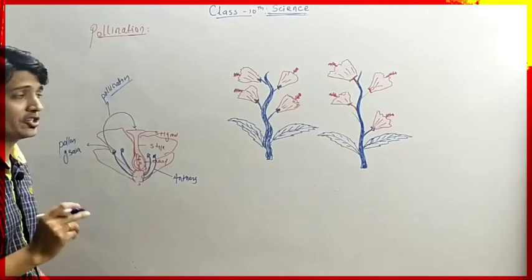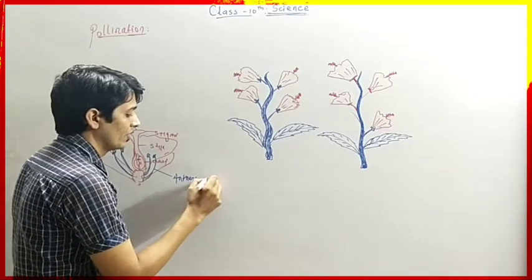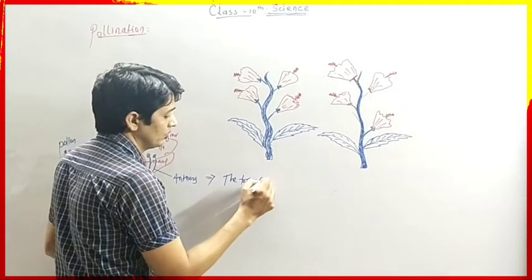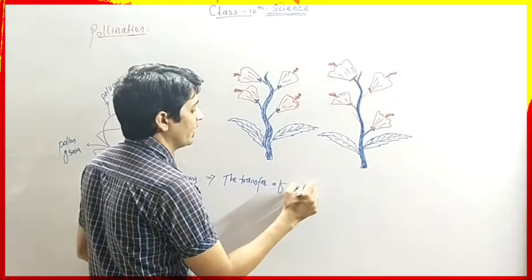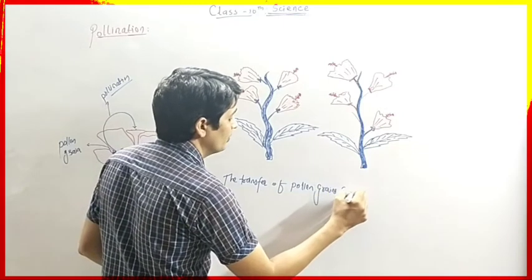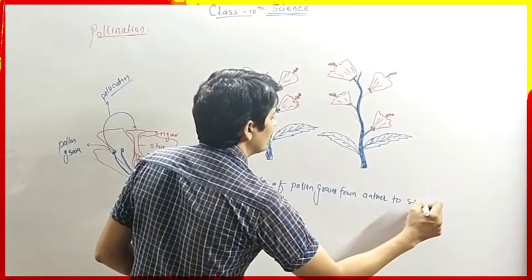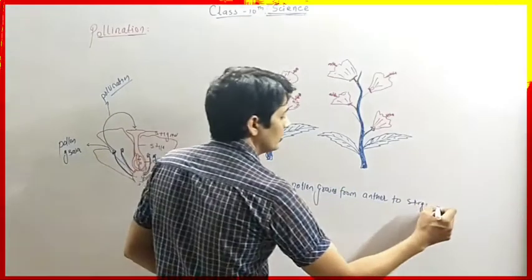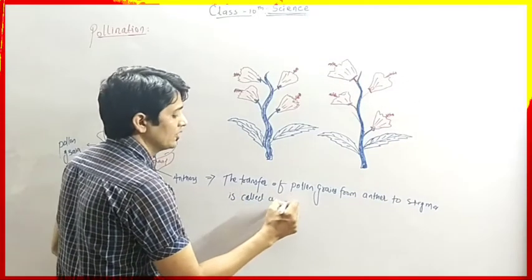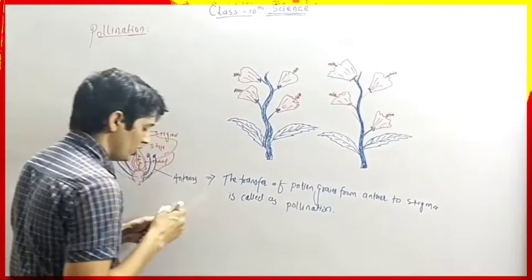So what is pollination? The transfer of pollen grains from anther to stigma is called pollination.